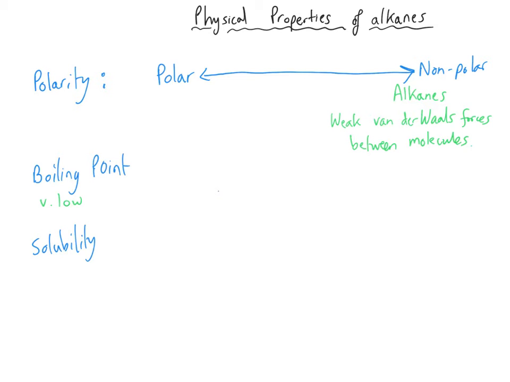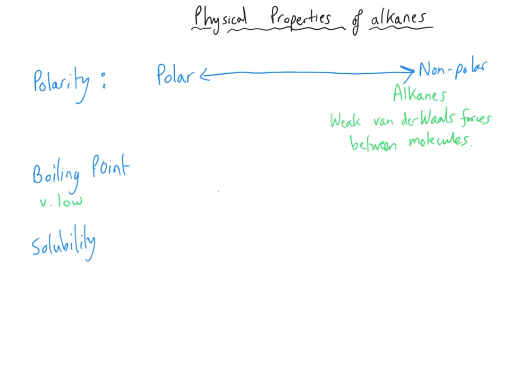However, as I said, the strength of these van der Waals forces increases as the chain length increases. And so pentane with 5 carbon atoms is a liquid because it's got a boiling temperature of 36 degrees C or 309 Kelvin. However, when you get to something much bigger, round about carbon 18, the alkanes have got such a high melting point that in fact they become solids at room temperature.